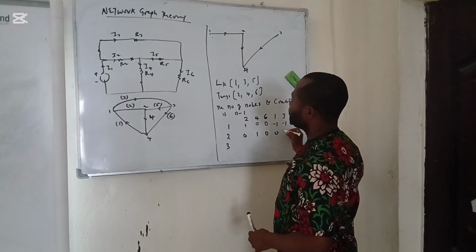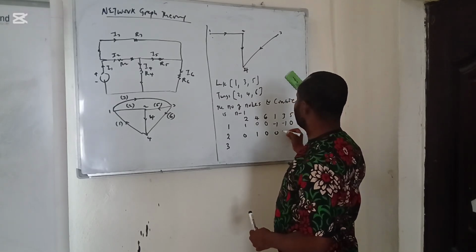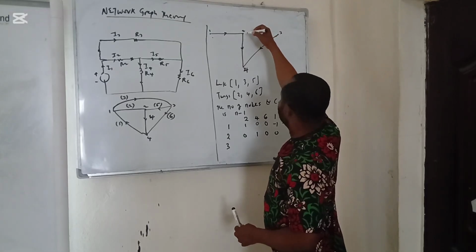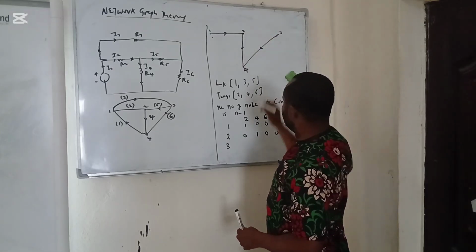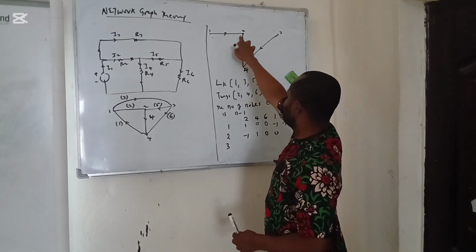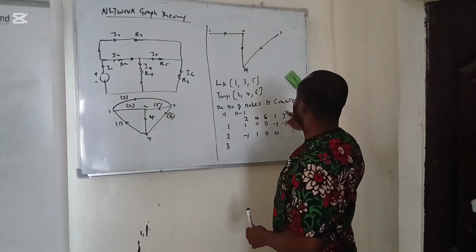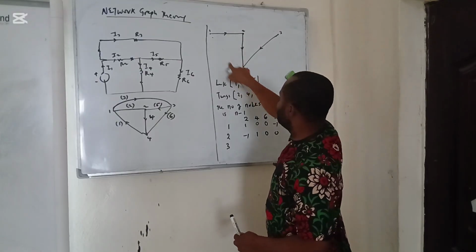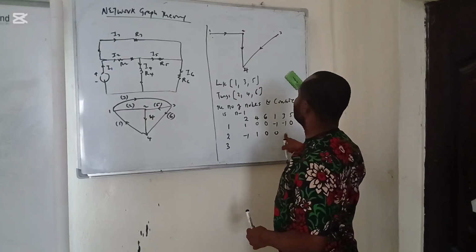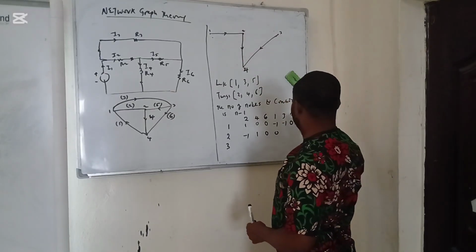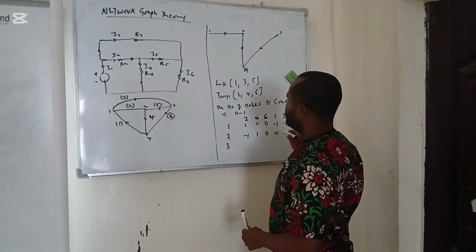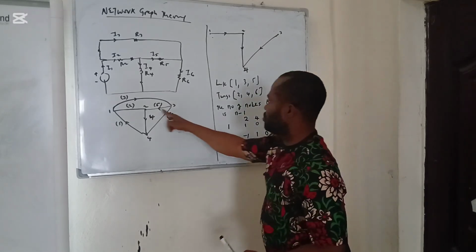Between 3 and 2, sorry, this is minus 1, it is moving towards it. Between 1 and 2, no relationship. Between 3 and 2, we don't have any relationship.